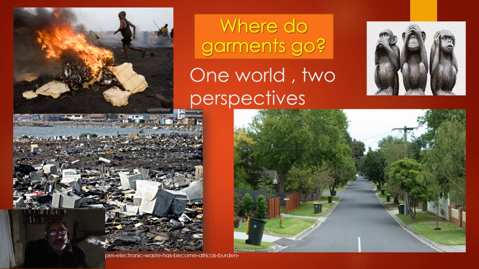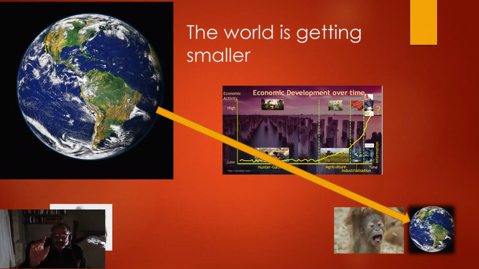But here's the problem. We in the developed world don't see it. We see a nice clean neighbourhood and we don't see the consequences of our garbage. Out of sight, out of mind. But that's starting to become a problem because the world is getting smaller. If you recall our economic development model, hunter-gatherer, agriculture, etc., we're currently in the information age, an age of interconnectivity.